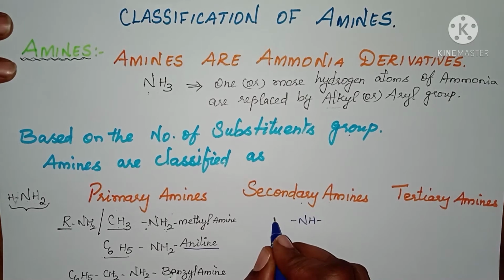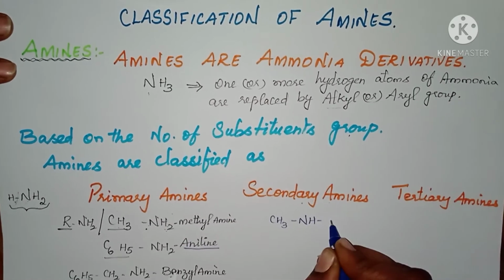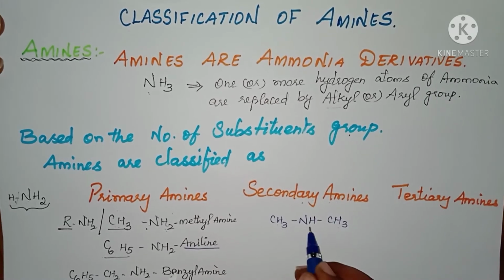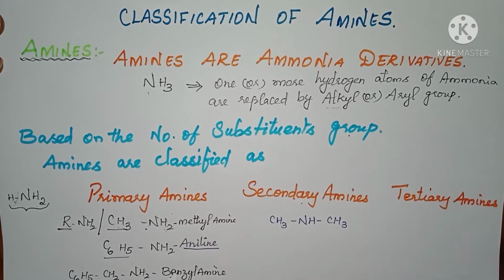Now, for example, CH3 I have written. This side also methyl, this side also methyl. That you have already learnt in alcohols and hydrocarbons, primary, secondary and all. That formula only we are bringing here. Primary means CH2NH2. Secondary means CHNH.